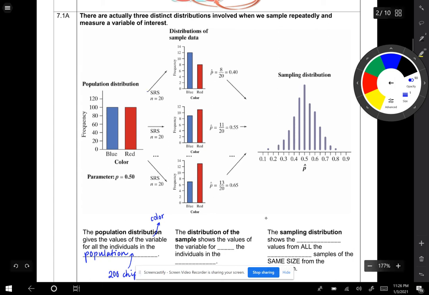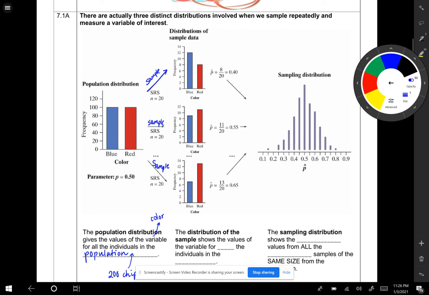From this population distribution, we are going to take many samples. If you look over here, this is a simple random sample of size 20. And then you have another sample, and yet another sample, and so on, all of size 20. So what we do is we graph that information. When we took a simple random sample of size 20, we had 12 that were blue and 8 that were red.